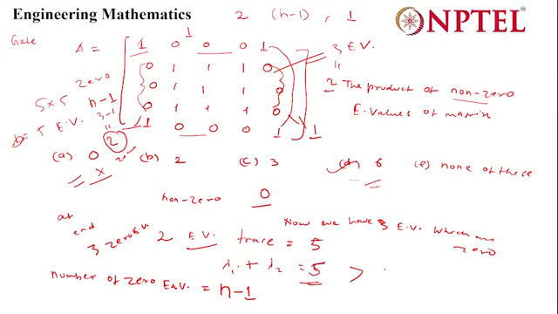So here you have how many 0 eigenvalues? 1, that is 2 minus 1. Then again these three rows are also identical, so from there also you will get 2 zero eigenvalues. So in total you have 3 zero eigenvalues. In a 5 cross 5 matrix you will get 5 eigenvalues, in which 3 are 0.